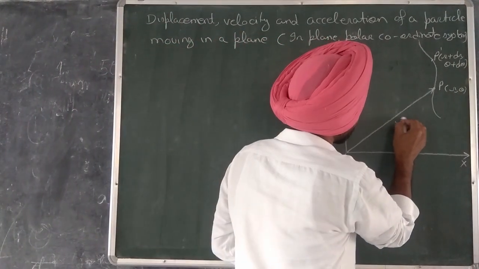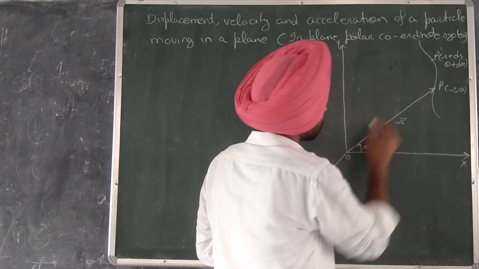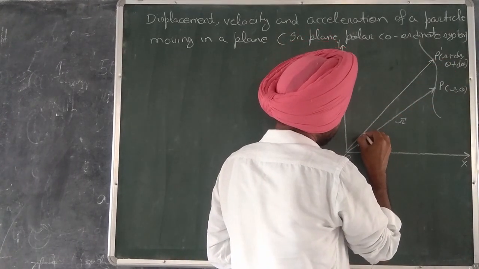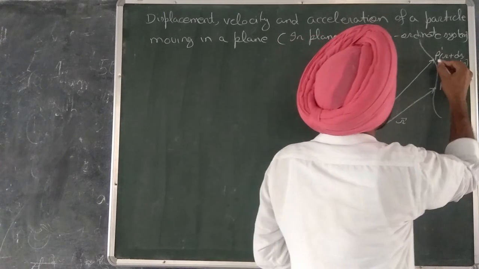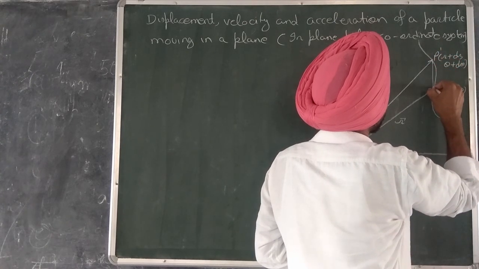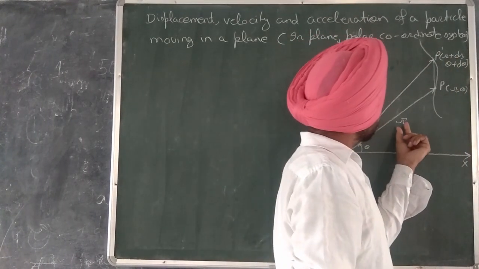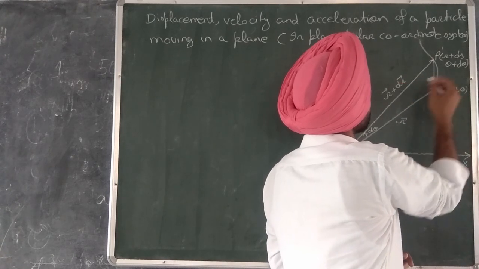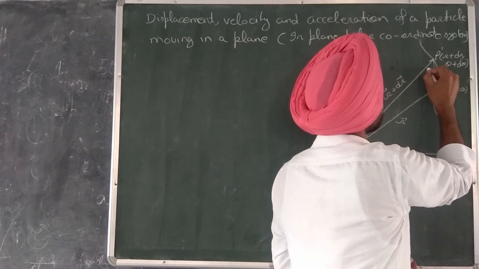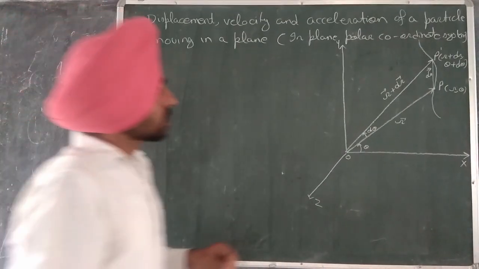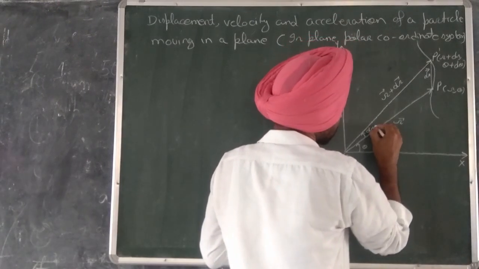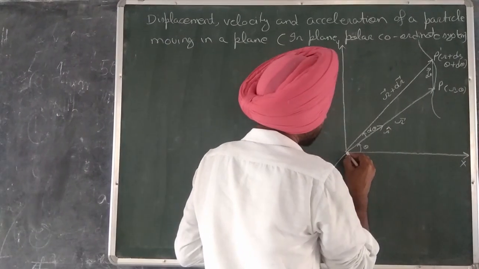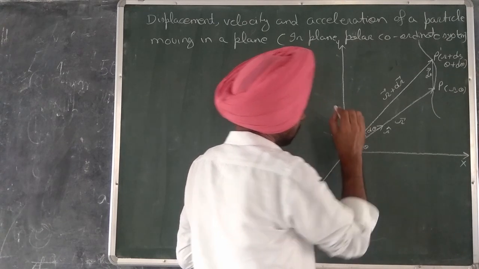So if this is the position vector r and this is the angle theta, now at point P prime, due to a small change in angle d theta, the particle moves from point P to P prime and the radial distance changes from r to r plus dr. So this P to P prime distance is basically dr. The unit vector r cap is in the increasing direction of vector r, and the unit vector theta cap is in the increasing direction of theta.